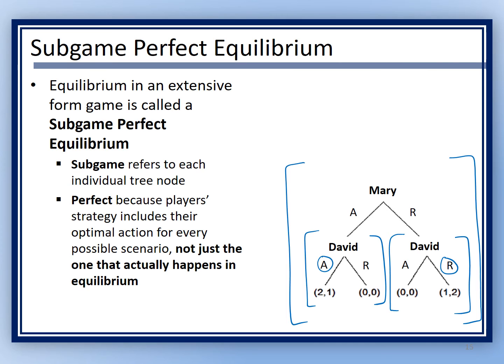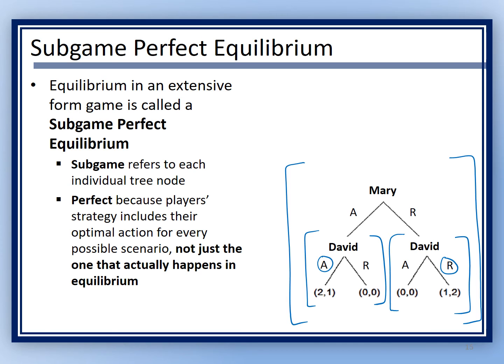Subgame perfect equilibrium does not allow you to make such weird plans. You're not allowed to plan to do something suboptimal, even if the plan is never actually carried out in reality.